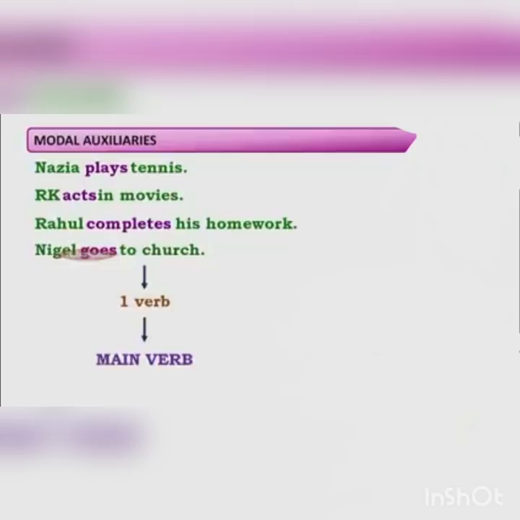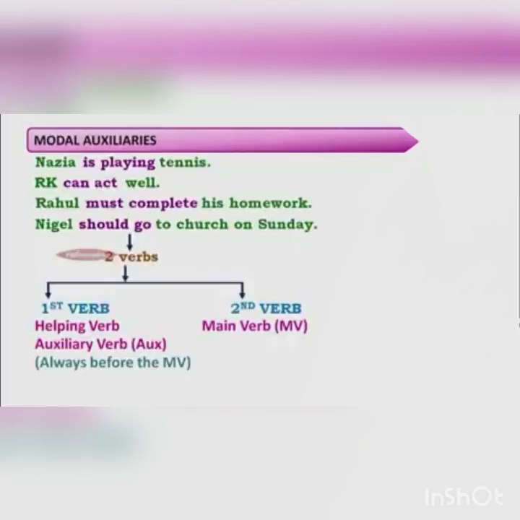Acts, plays, completes, goes. But if you look at these sentences, Nazia is playing tennis, RK can act well, Rahul must complete his homework, Nigel should go to church on Sunday. You will notice that here the verbs are is playing, can act, must complete, should go.